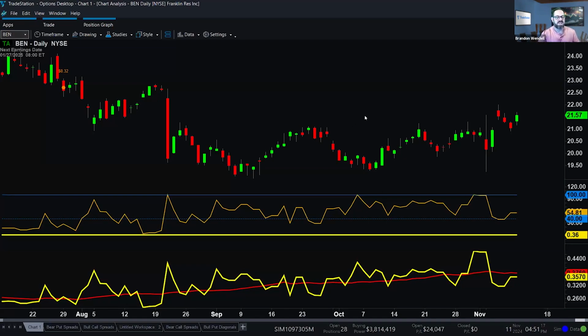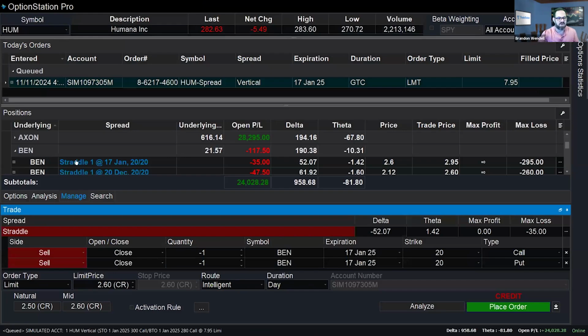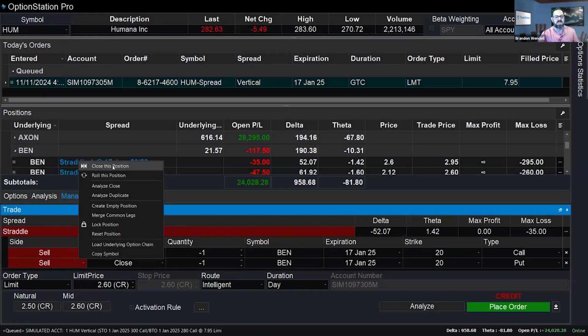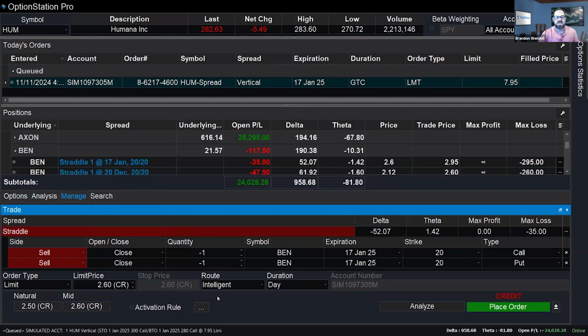Now, this one, again, with BEN, let's say I wish to exit if I lose a certain amount of profit. Again, I go to my position, I right-click, close this position. To exit, we don't want to mess around with limit orders. You could, though. If you want to make sure you exit with a certain amount of profit or a certain amount of risk, then you can put in that limit order if you choose to. For instance, if I know I want to exit once I profit, let's say $500.